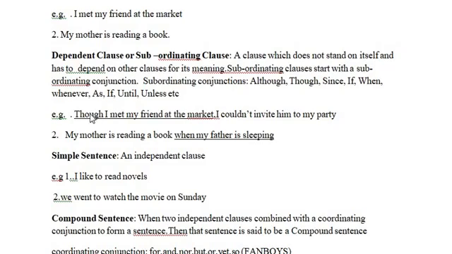Though is a subordinating conjunction. If I just abruptly say, though I met my friend at the market, can you people get the complete sense of that? No. So until and unless I add this clause, I couldn't invite him to my party, the sentence is not complete. So though I met my friend at the market, I couldn't invite him to my party.